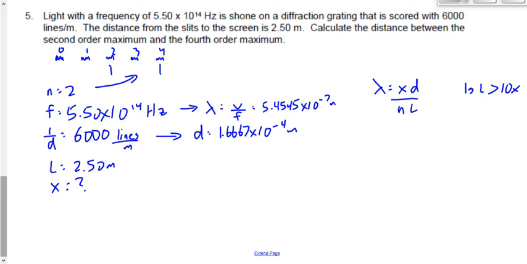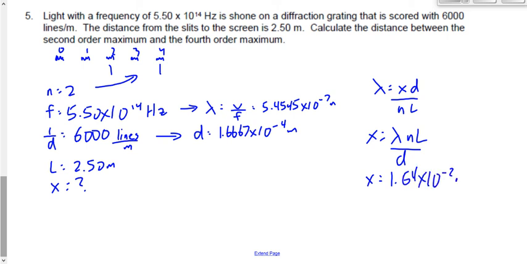So it must be valid. Don't worry about the check when you're solving for x. X ends up being lambda times L, n times L over D. We got all these values, and when we sub them in here, it should work out to be 1.64 times 10 to the minus 2 meters.